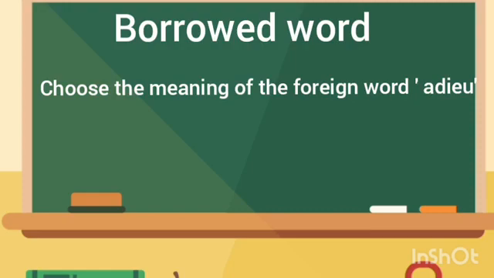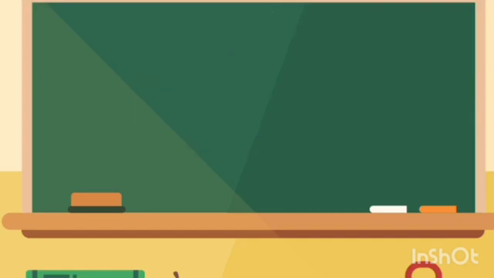Choose the meaning of the foreign word adieu. I have already given this word in the examples. Option A, welcome. B, salute. C, goodbye. D, ovation. What is the answer for adieu? Goodbye is the answer. So this is the way they will ask you from borrowed words or foreign words.